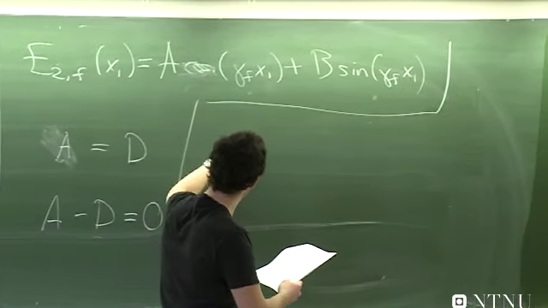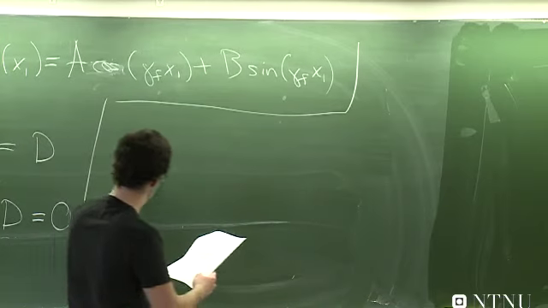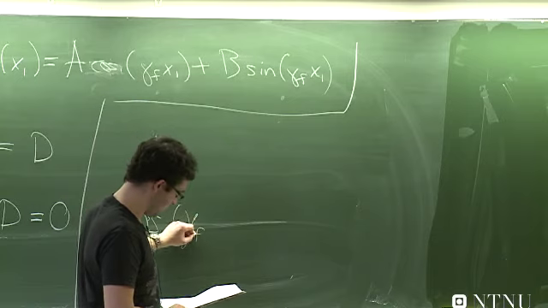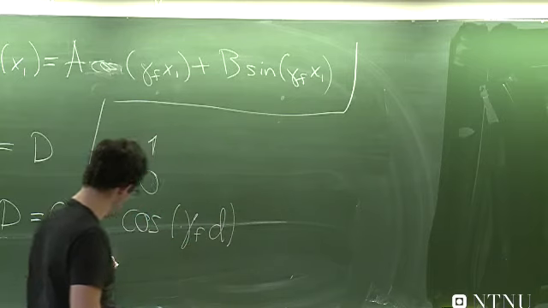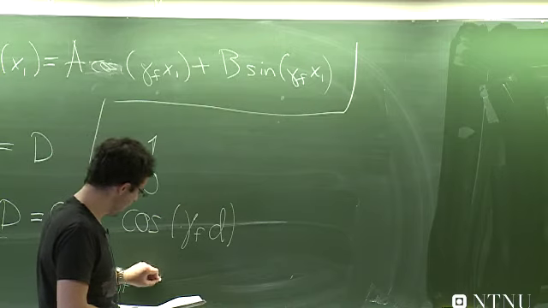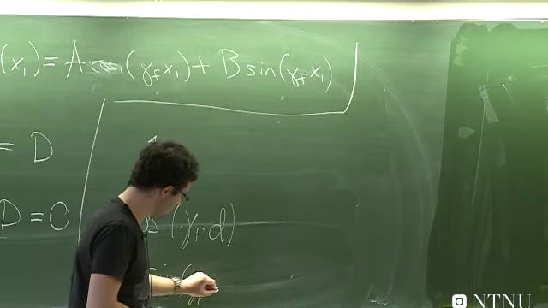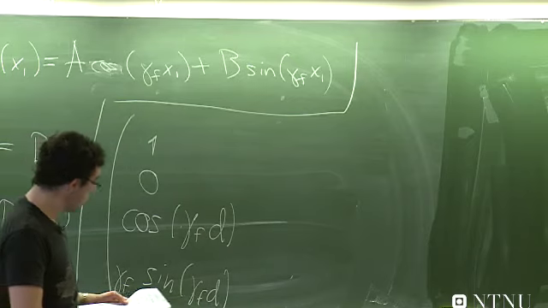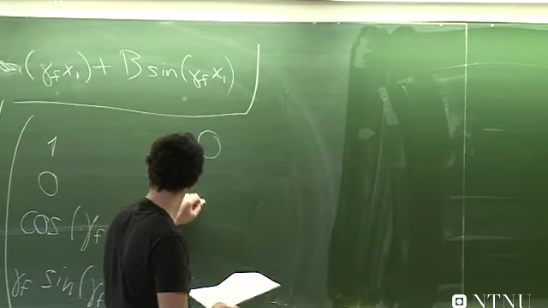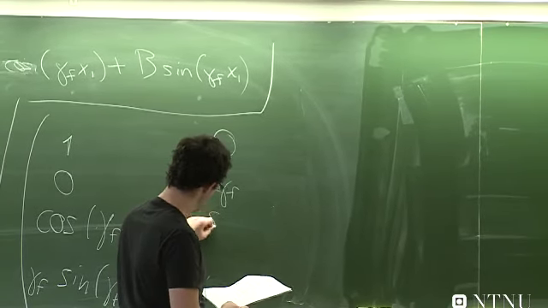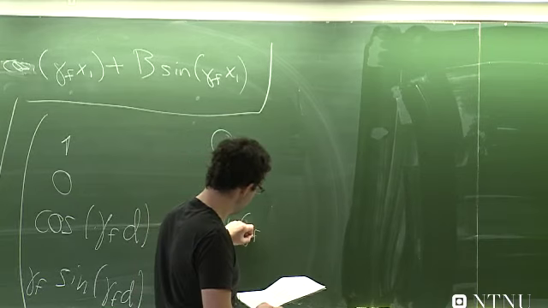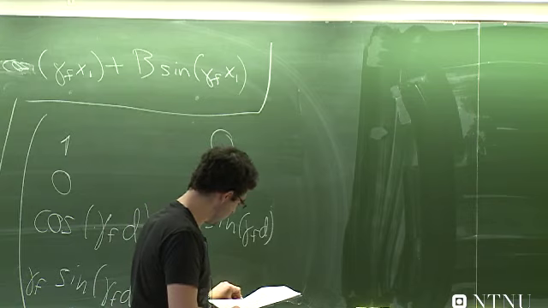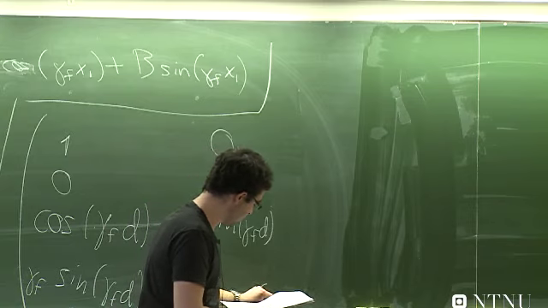So it's 1, 0, cosine of gamma f d, gamma f sine of gamma f d. That's the first column in the coefficient matrix. Let's see, and then there's a 0, gamma f sine of gamma f d minus gamma f cosine of gamma f d.